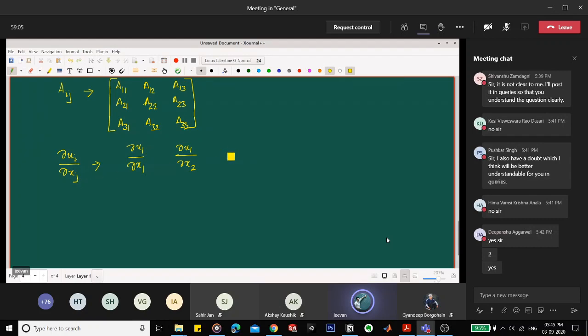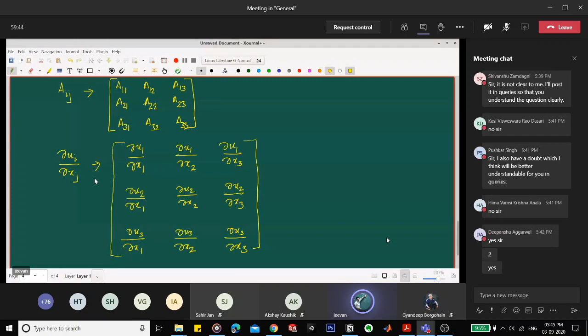Now, I know that some of you may have one very specific doubt. Let me just write down this entire thing, and then I'll come to that doubt. So this is the equivalent matrix representation.